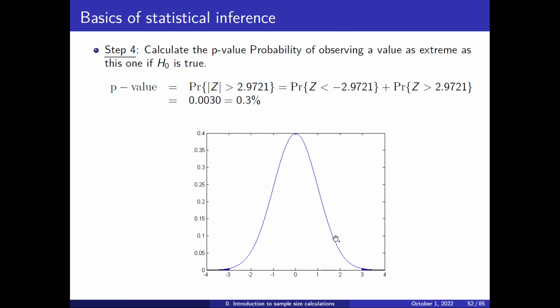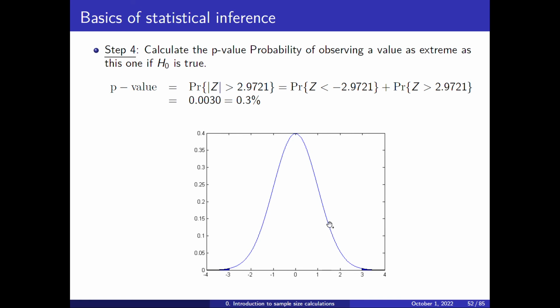So you have to look on one side, and to look on one side, you still want the area to the right to be 5%, or the total area to be 5%, but because you don't have to split it into tails, you will put it in one tail, 5% to the right. You may remember that 1.96 had an area of 2.5%. So if I want an area of 5%, then this 1.96, I have to move it to the left. So I have to move it, I don't know, to 1.6.